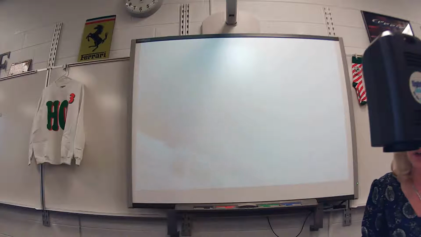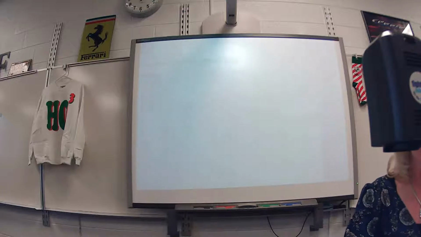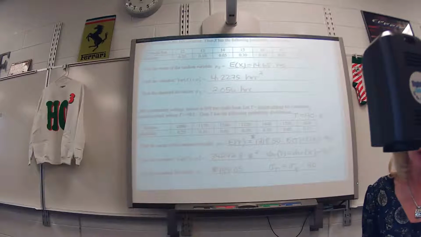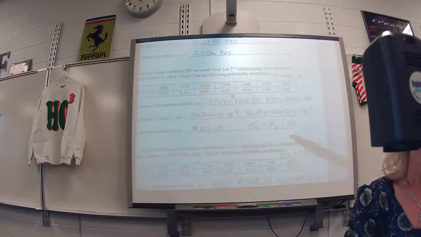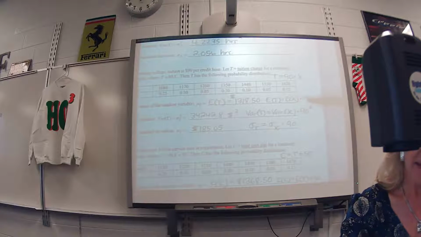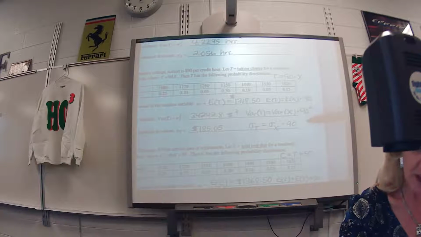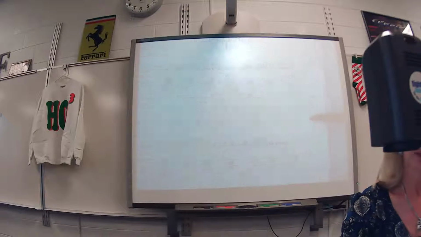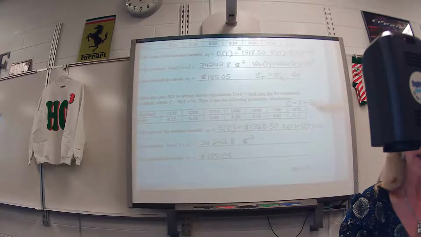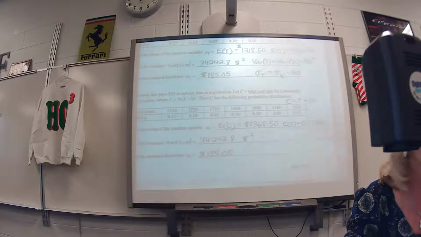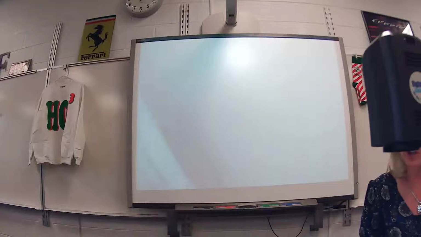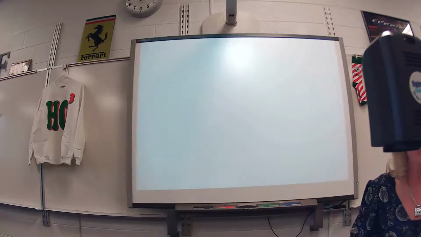Now you guys you're going to have to study this for your test, but the rules for transformations were, if you are multiplying, then you multiply the expected value and you multiply the standard deviation. If you're adding, you add the expected value, but you don't do anything to standard deviation. So you have to know the rules for combining versus transforming.